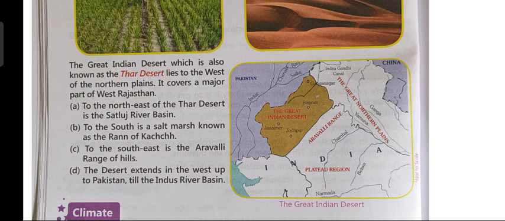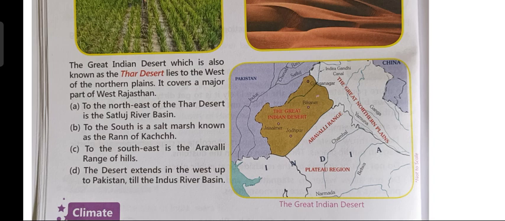To the southeast lies a chain of hills known as the Aravli Range. And lastly, the desert extends to the west up to our neighboring country Pakistan, till the Indus River basin. So some part of this desert also lies in Pakistan.